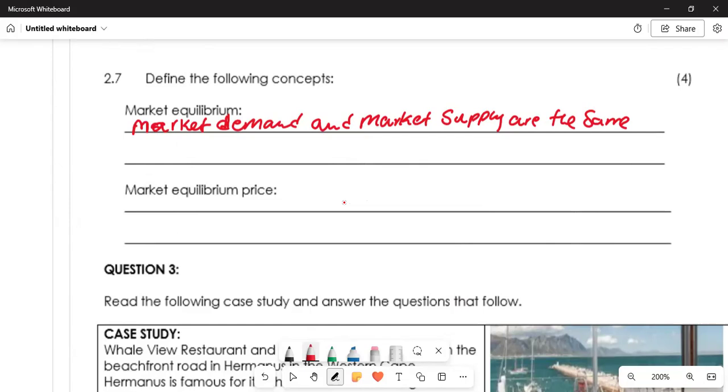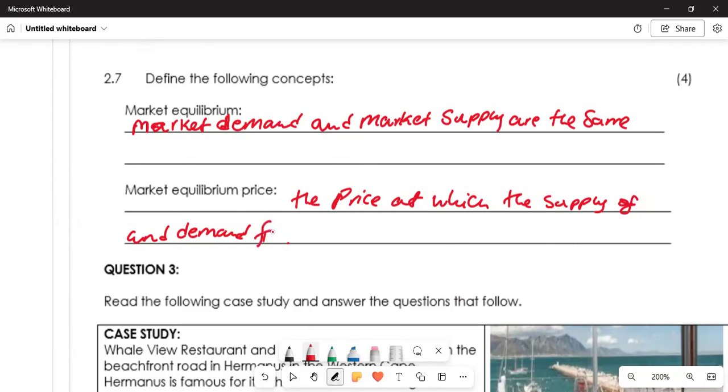So market equilibrium price is the price at which the supply of and demand for a product is the same.